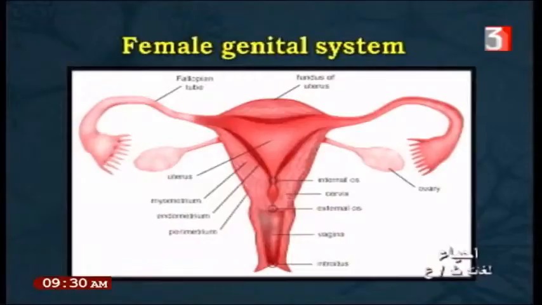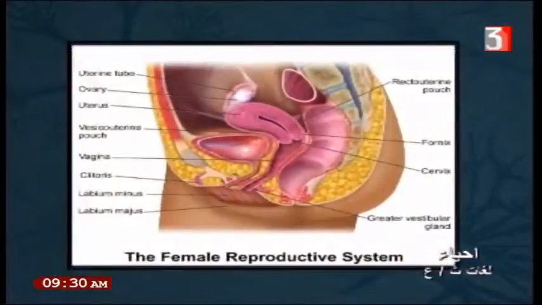Okay, you can see that it takes the shape of a pear inside the abdominal cavity. Again: two ovaries, two fallopian tubes, and also the uterus and the vagina. This is the ventral view of the female reproductive organ.